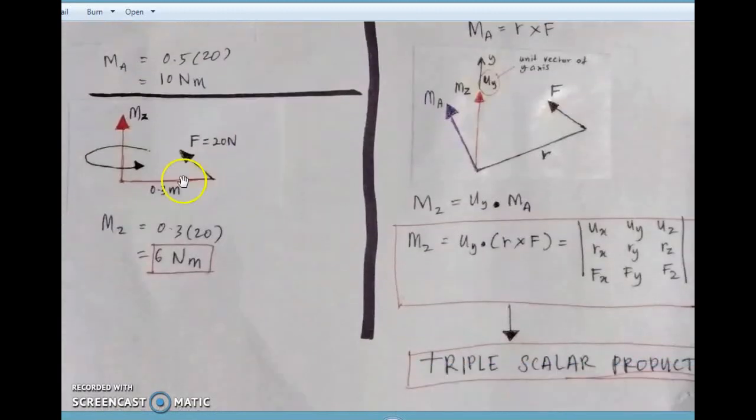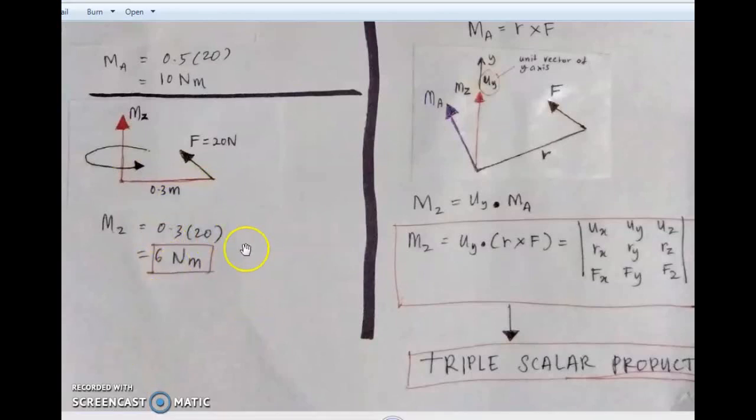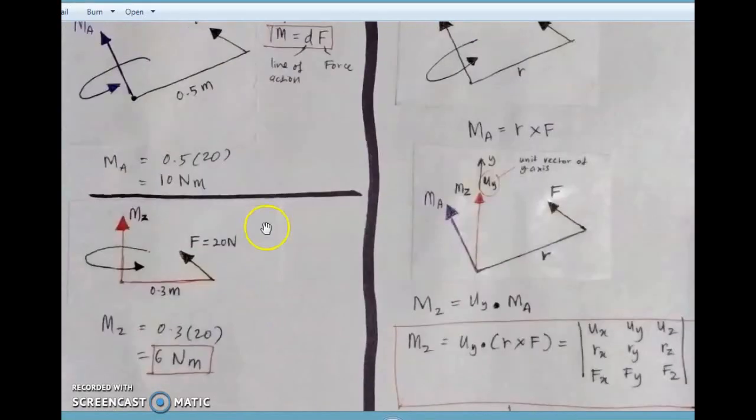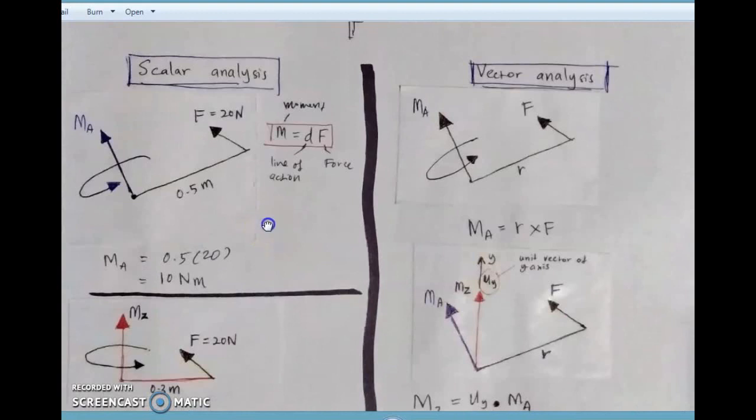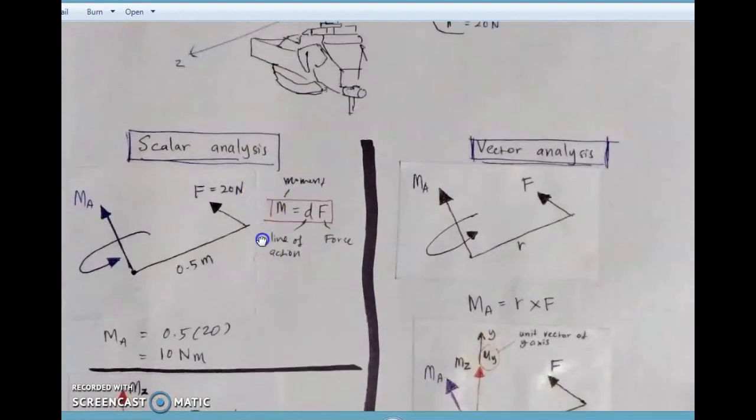When you take the shortest distance, and this is your F, your MZ in this rotation is equal to 6 Newton meter. The line of action is 0.3 meter, force is 20, multiplied is equal to 6 Newton meter. So that was the normal method of how you calculate the moment using the 2D approach, and this is scalar analysis.